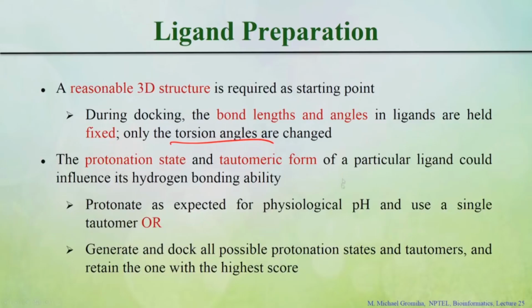This will influence the hydrogen bonding ability, whether they have strong, tight bonds or loose ones. So, either use a physiological pH and a single tautomer, or use all possible protonation states and then look at the lowest or highest score, and take that for further processing.